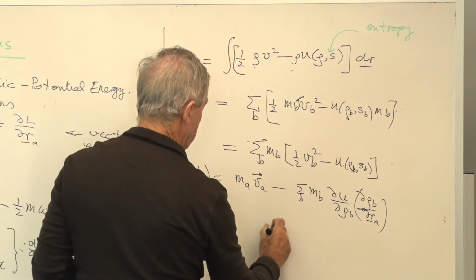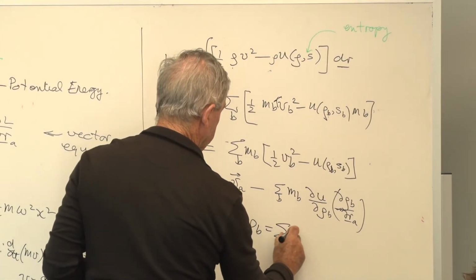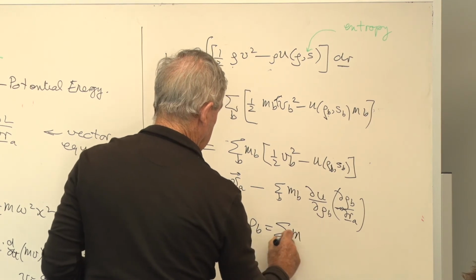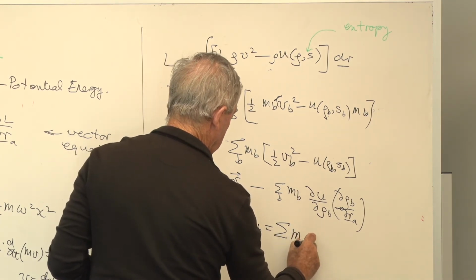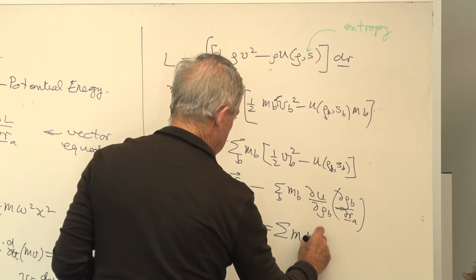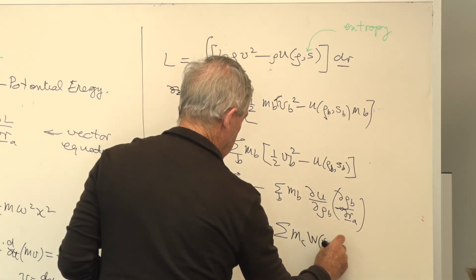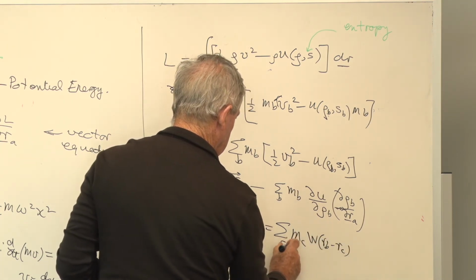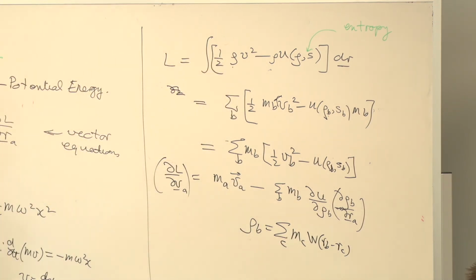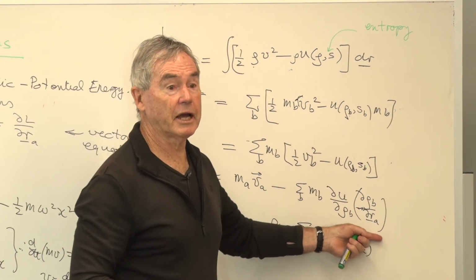And now we write rho_b, we use it in the form sum m, I'm going to put m_c. Why? Because I feel like it. So I'll use c for a label for the particles. So it's a sum, and I want to differentiate it with respect to r_a.